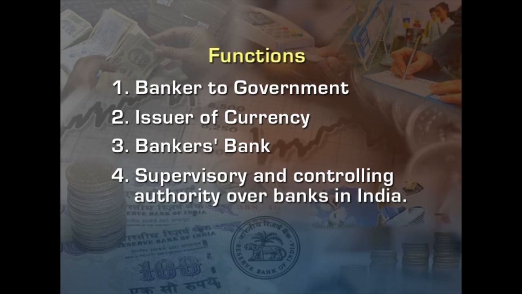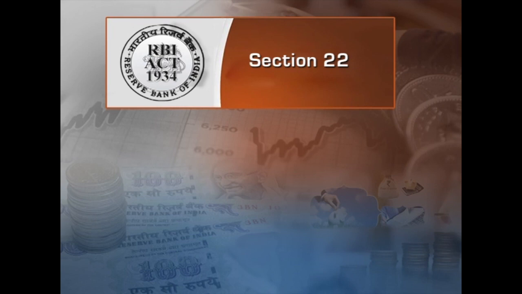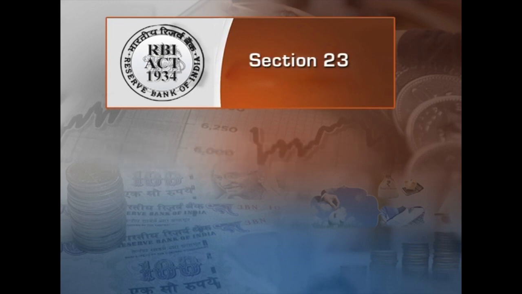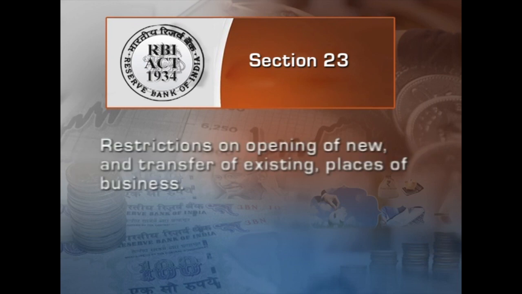4. Supervisory and controlling authority over banks in India. Under Section 22, the RBI is the licensing authority of banking companies. Section 23 imposes restrictions on opening of new and transfer of existing places of business.